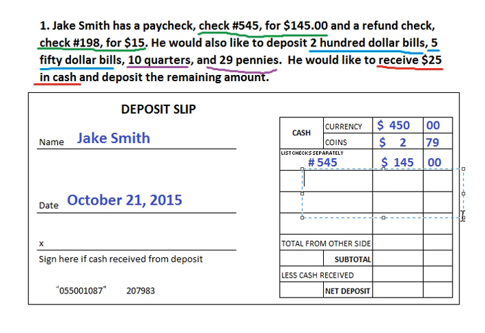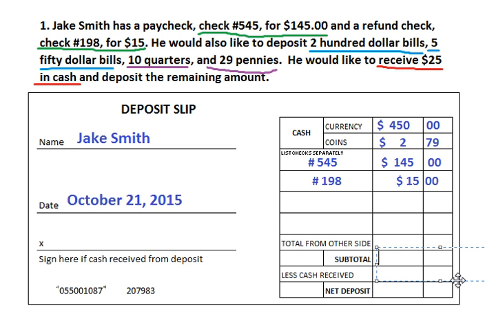The next check I have, let me move that down just a little bit, is check number 198. This one is for $15. That's it. No other checks. I don't have anything to put on the other side, so I can go right down to my subtotal. And if you've got a calculator, you can use that to add up all four of these numbers.